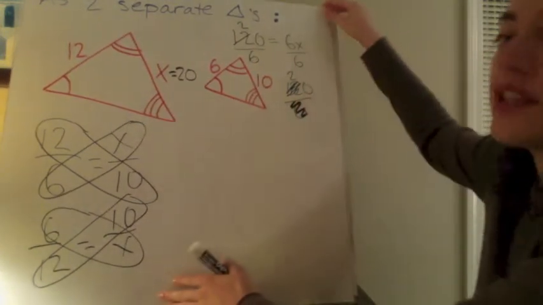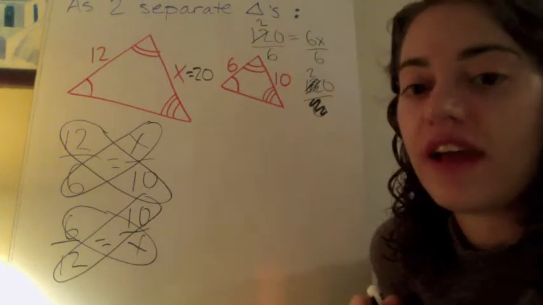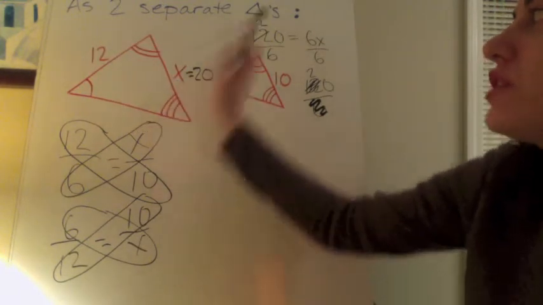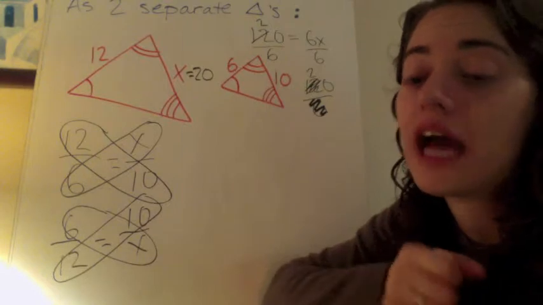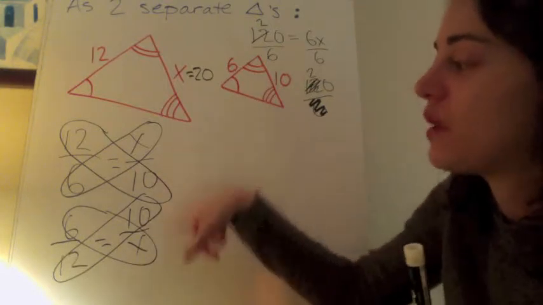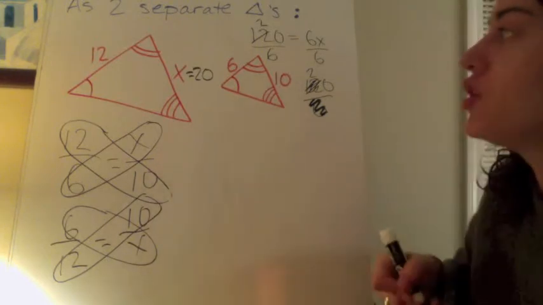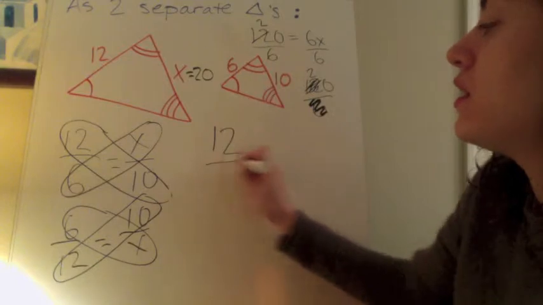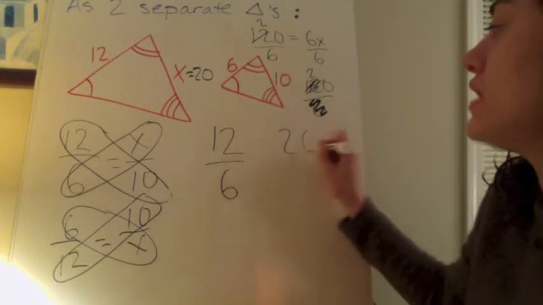So if I erase this, give myself some room to work on scale factor here. So for scale factor, when we do scale factor, and I told you it would be okay to say 12 over x is congruent to 6 over 10, that's true when you're solving the proportion, but it's not true when you're doing scale factor. So that's why I'm going to leave these ones up, because we have to relate the corresponding sides. So I might have 12 over 6, and I just found 20 over 10.